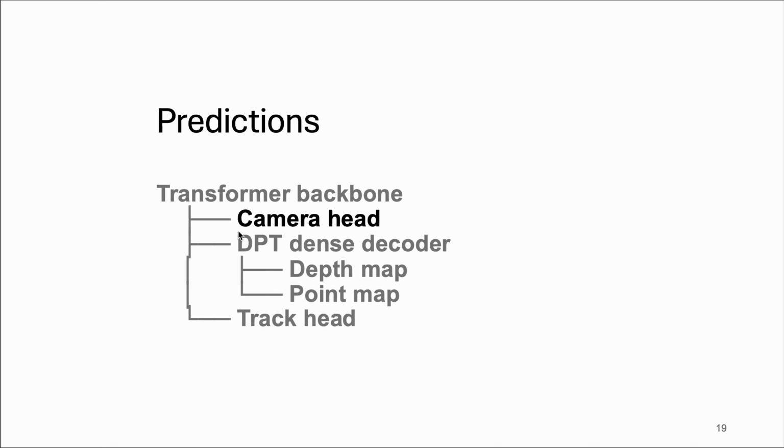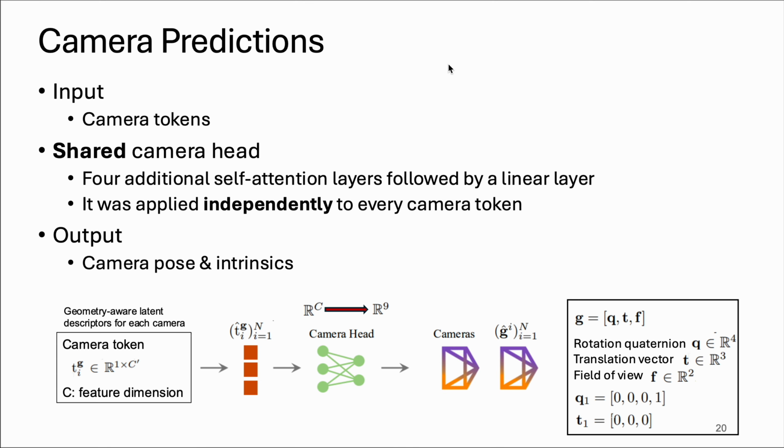On the output side, as we mentioned, there are three parts of the output. First, we look into the camera head prediction. After the alternating attention layer, we collect a list of tokens, which consists of camera tokens, register tokens, and image tokens.